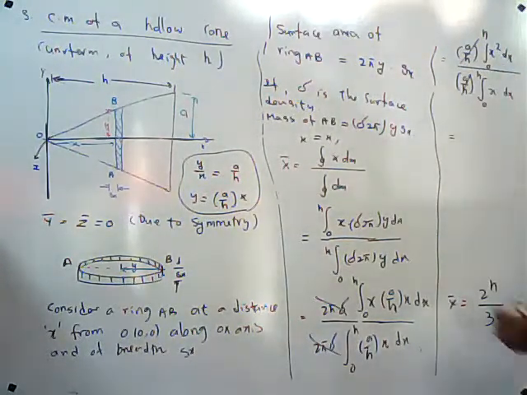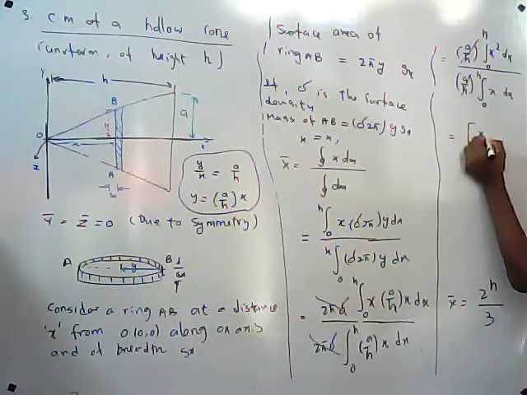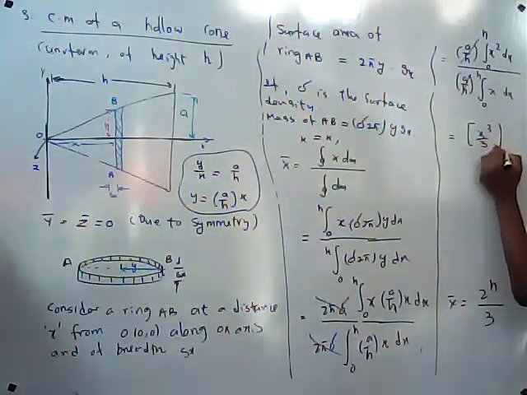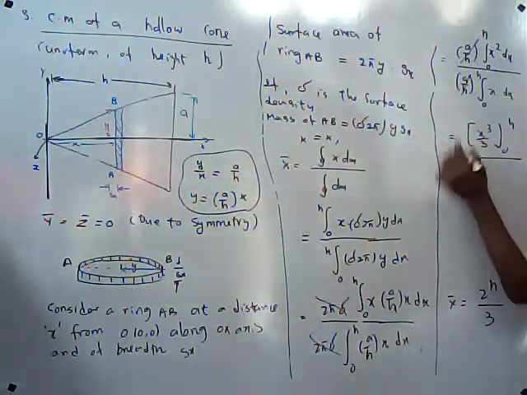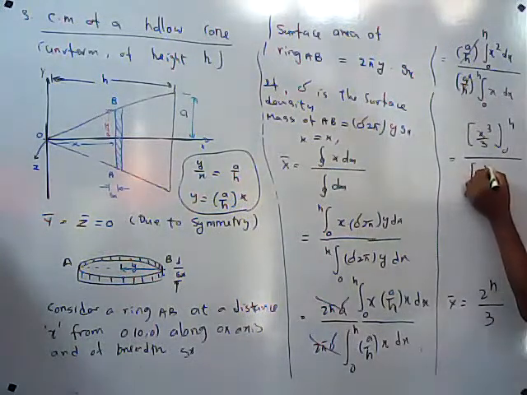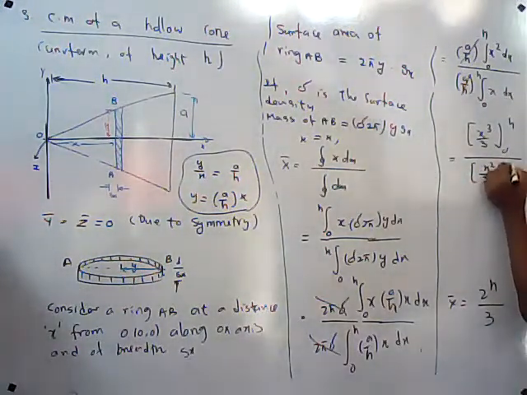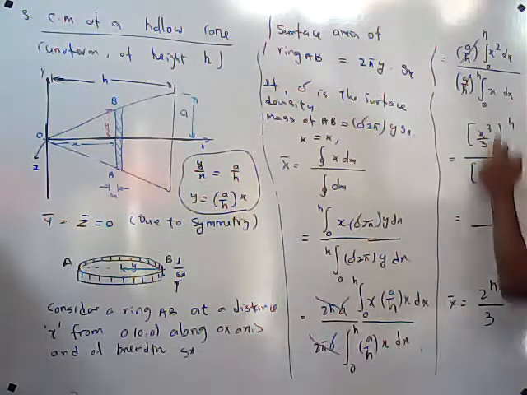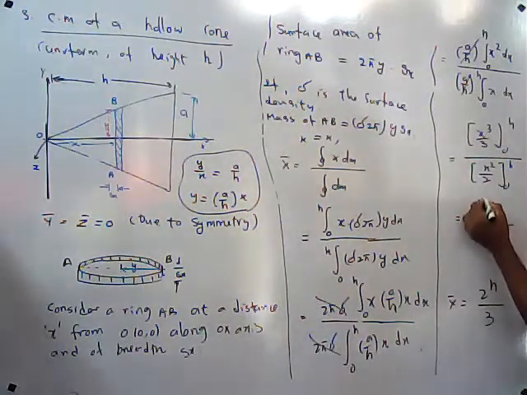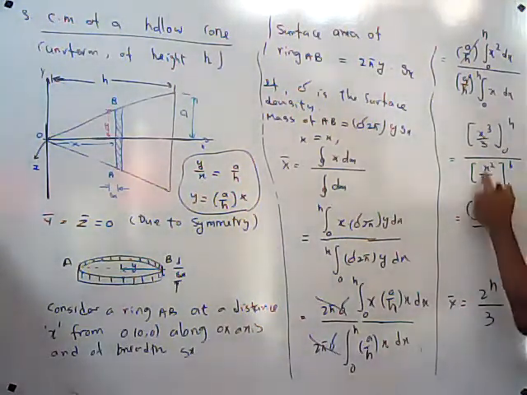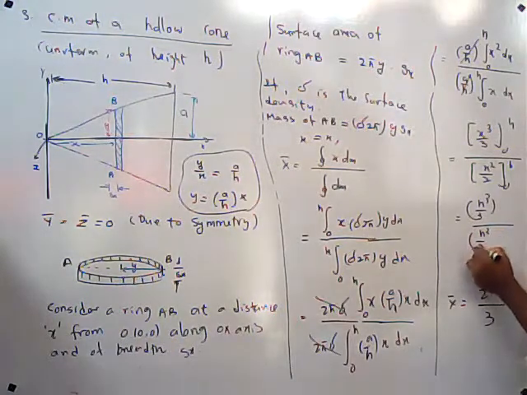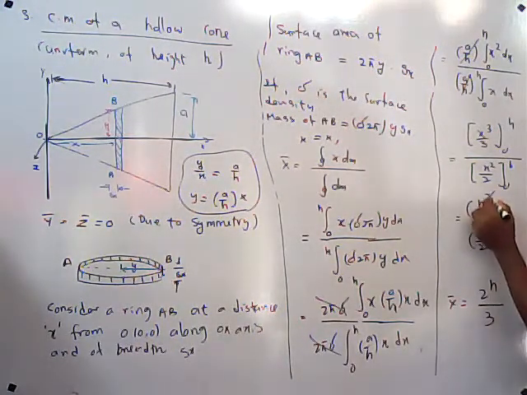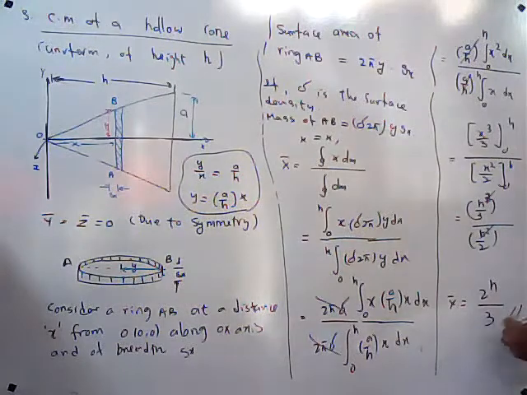Then x cube over 3, 0 to h divided by x squared over 2, 0 to h. So it is h cube over 3 over x squared over 2. Finally, you get 2h over 3.